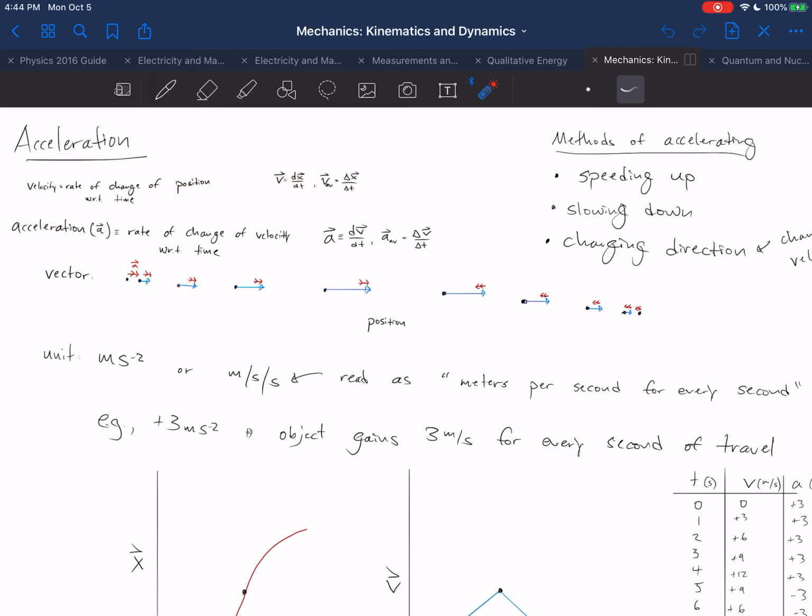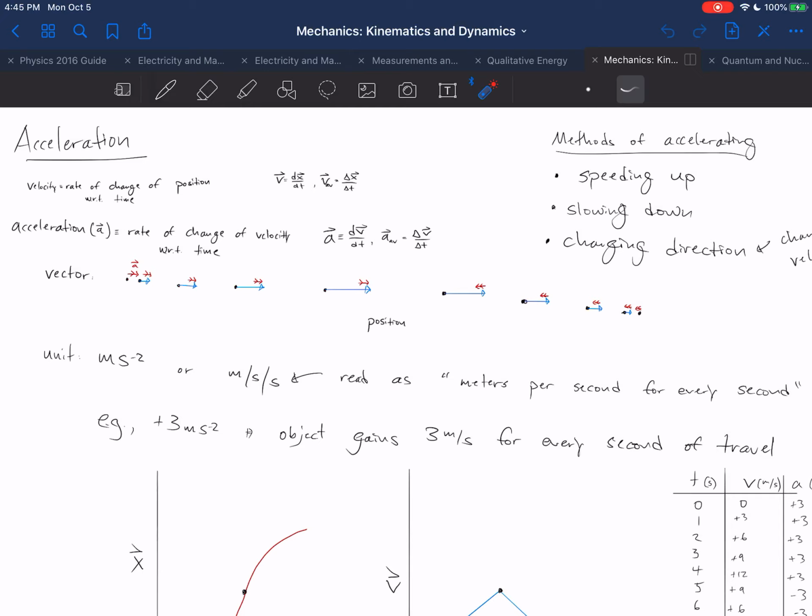It's important to recognize that the word acceleration in physics means something different than it does in everyday vernacular English. Normally, when we say the word accelerate, we mean speed up. And while speeding up is a way in which you can change your velocity and is therefore part of the physics definition of acceleration, it is not the only way to accelerate.